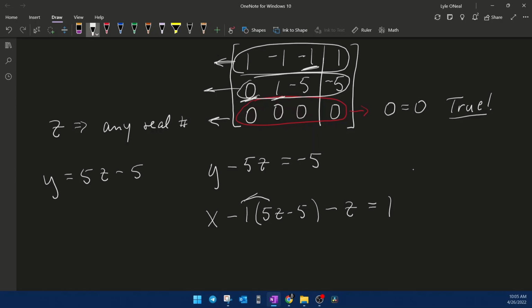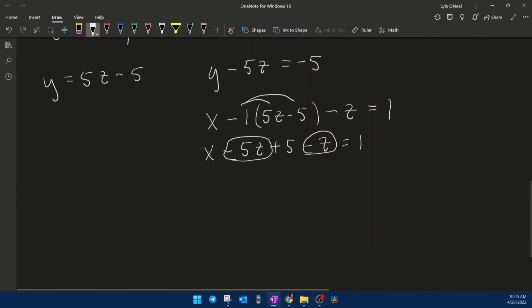So distribute the negative 1, that's going to give us x minus 5z plus 5 minus z equals 1, and then combine like terms. Negative 5z minus z, that's going to give us negative 6z, and so if I scroll up just a bit, we're going to have x minus 6z plus 5 equals 1.